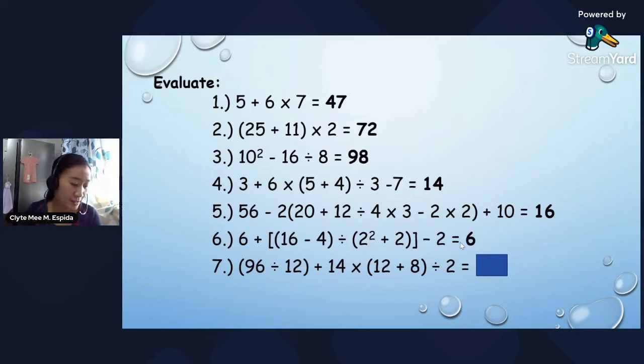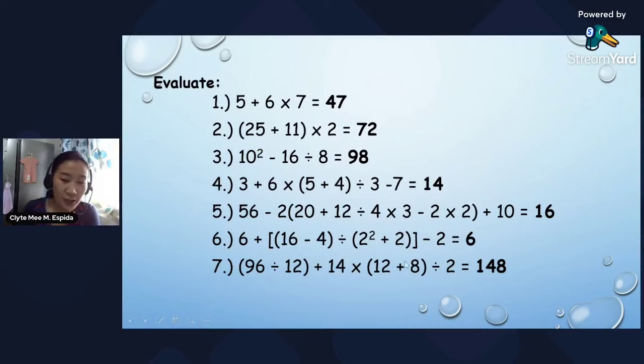Okay, let's reveal the answer. The answer for number 7 is 148. Okay, for those who got the correct answers, very good. So we're going to go first with numbers inside the parentheses. You have 96 divide 12, which is 8.